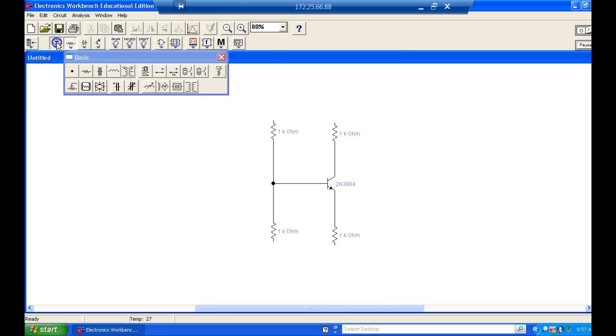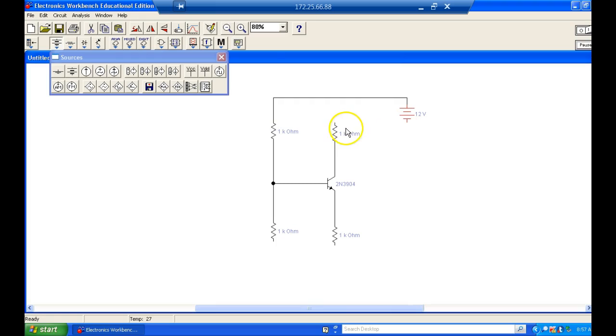Then we need a power supply. I'll bring a DC power supply up here. Common.